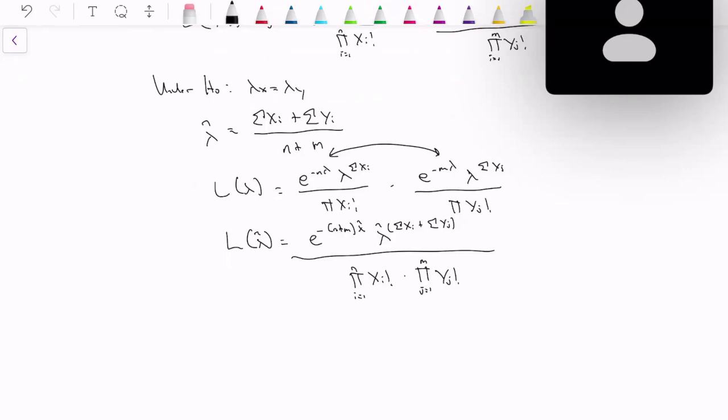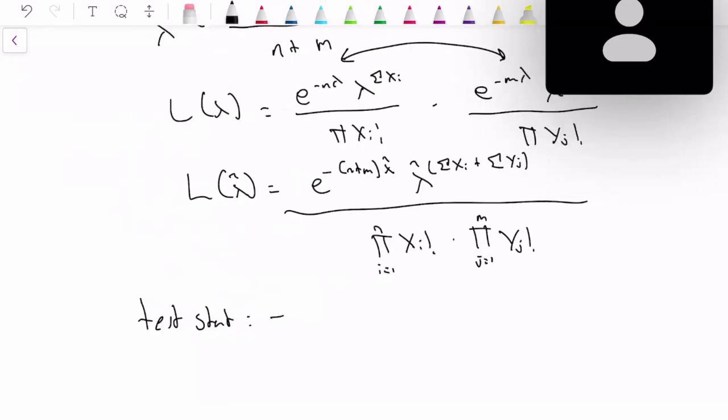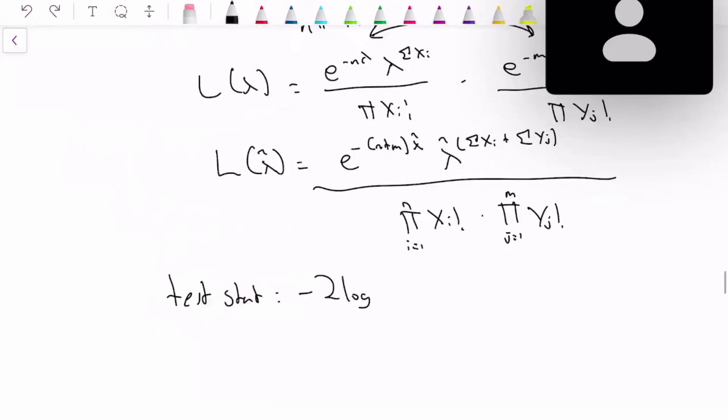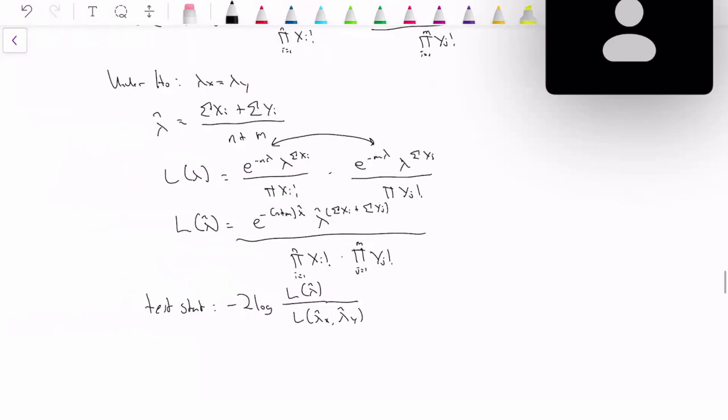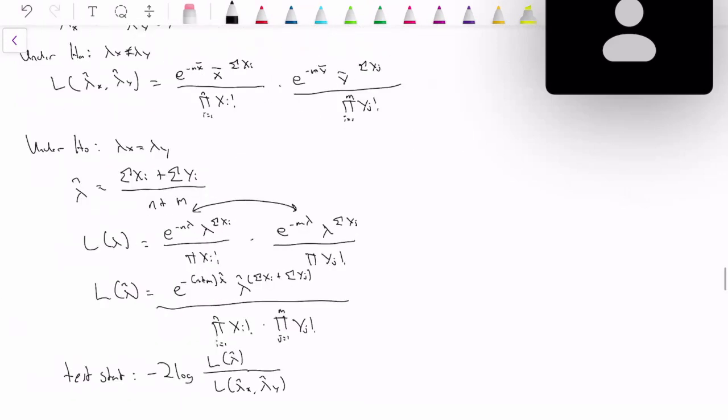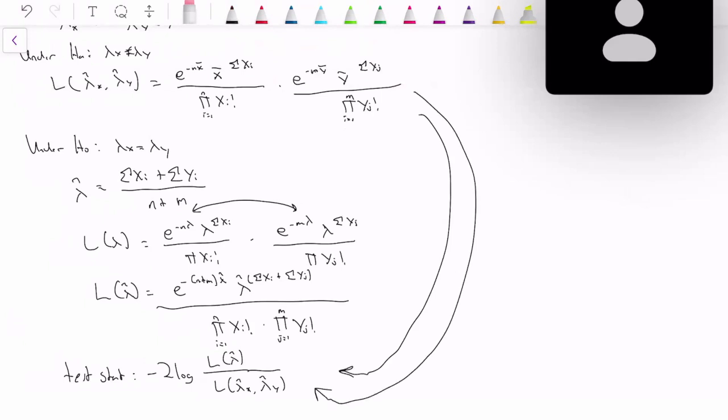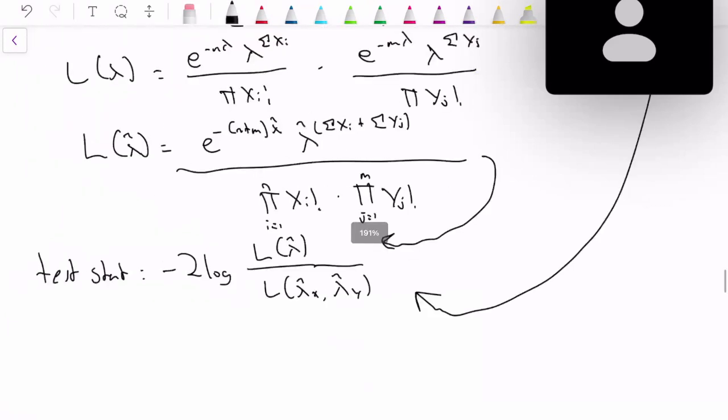So then our test stat is just negative 2 log of the null likelihood over the alternative likelihood. We just plug these two values in: this equation goes there, and that's our test stat.